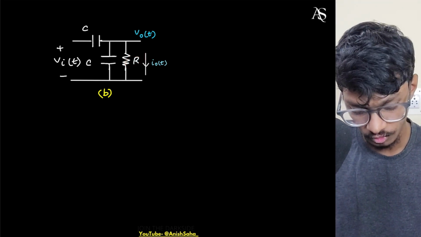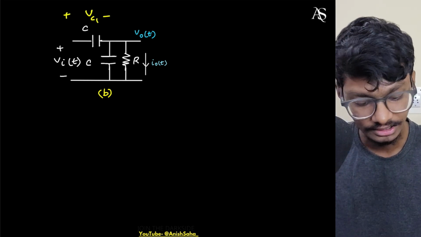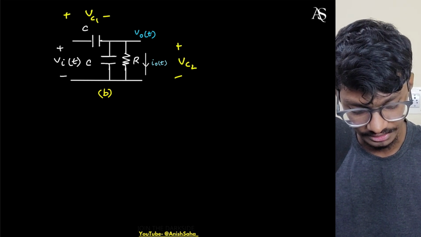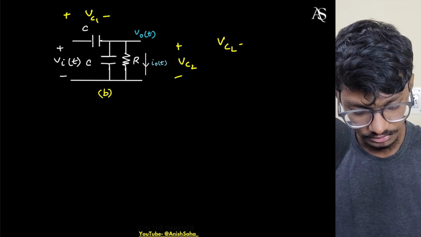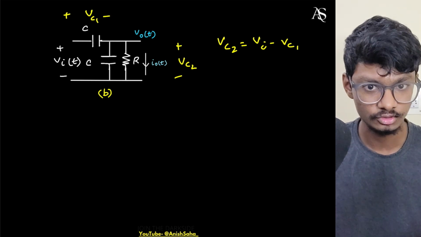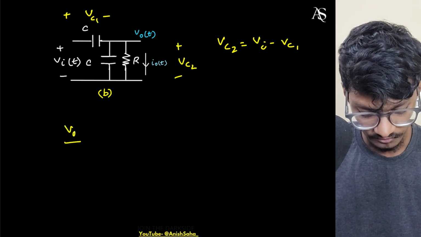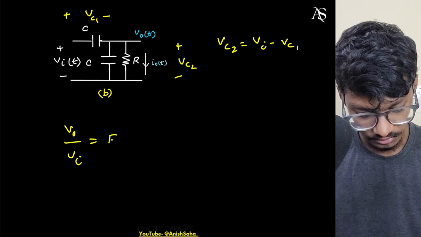At first stage, you give a voltage to this VC1, the capacitor. You see that this voltage is related: VC2 equals to VI minus VC1. So their voltages are dependent, and I can say the voltage transfer function VO over VI will be a first order system.